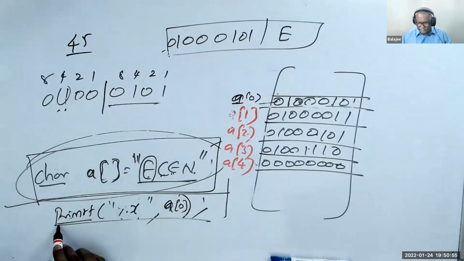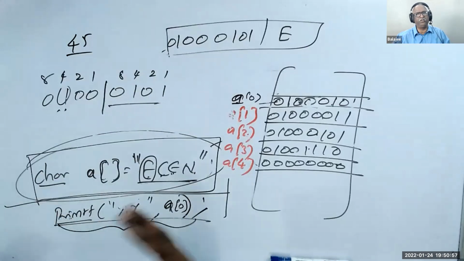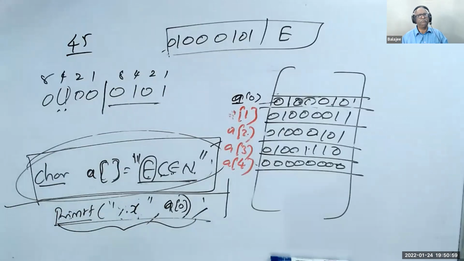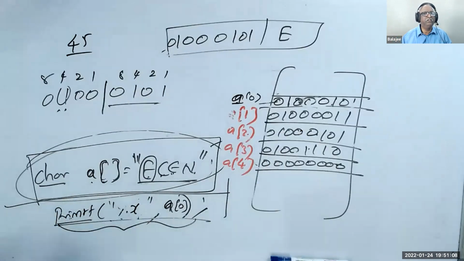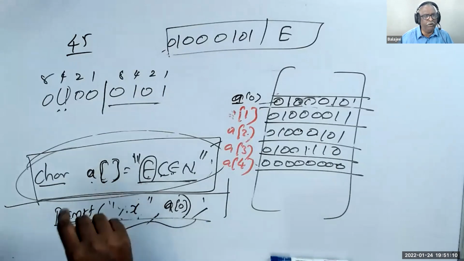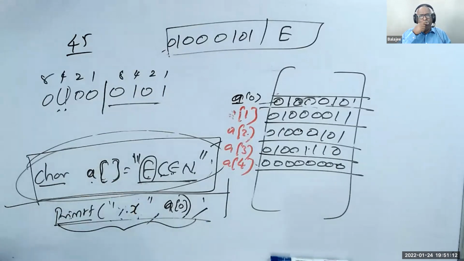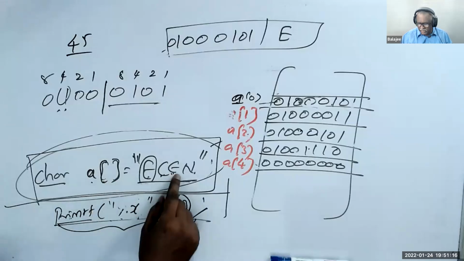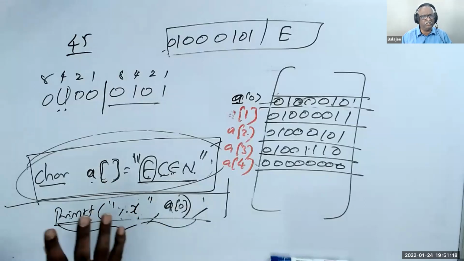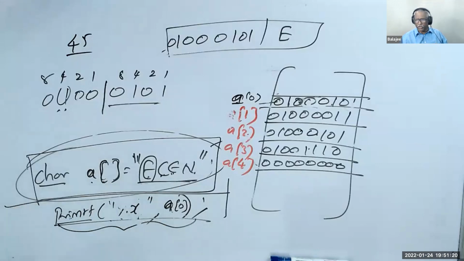I am changing only the second line. I am printing as I wish. So there is no relation between your storage and the way you print it. These two are independent. That has to be understood by you very clearly. Don't get confused, because I stored char here, and I cannot do percentage x. That does not work.